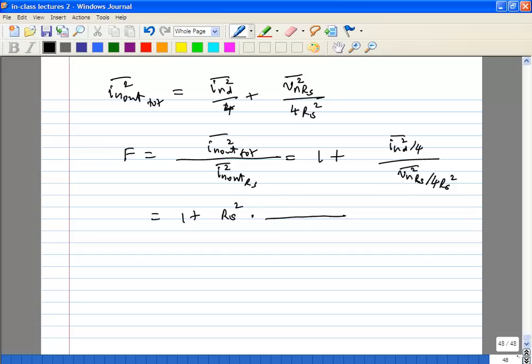Okay, 1 plus Rs squared times, what is In,D squared? 4kT gamma gd0 delta f. Vn,Rs squared is 4kT Rs delta f. So this is 1 plus gamma gd0 Rs.